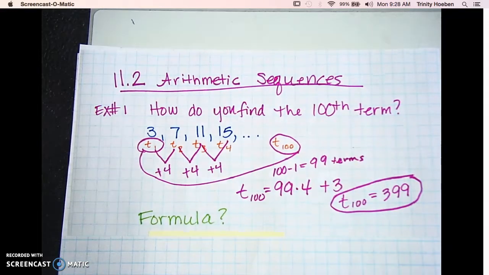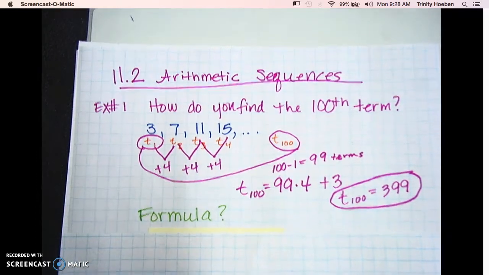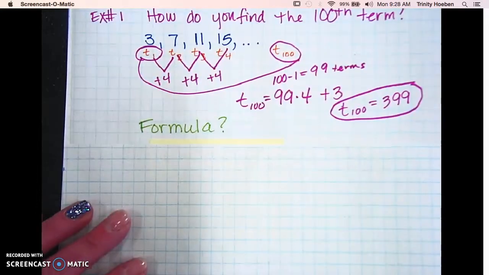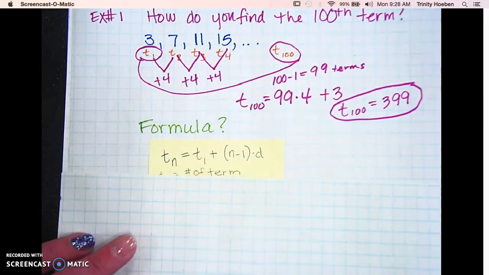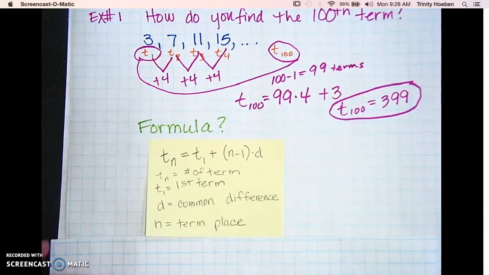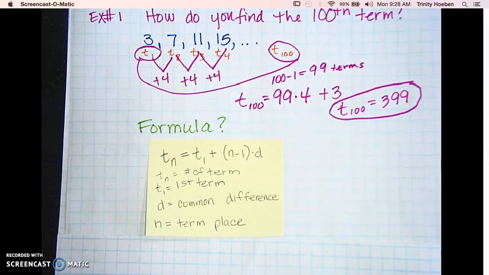Okay? So what if there was a formula that could get you there a little bit faster? So we do have a formula. It looks like this, just that first line there. T sub n equals T sub 1 plus n minus 1 times d, where T sub n is the number of the term they want you to find.